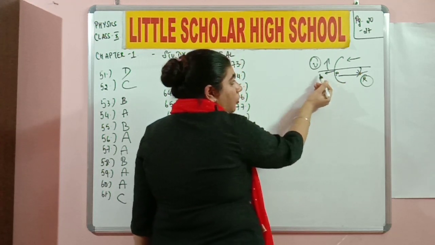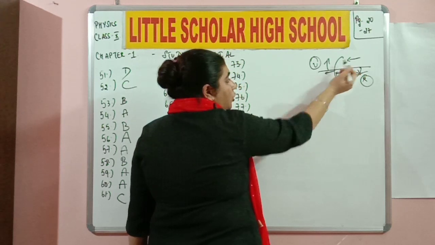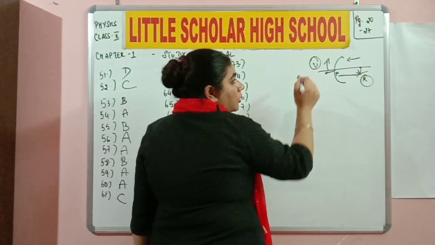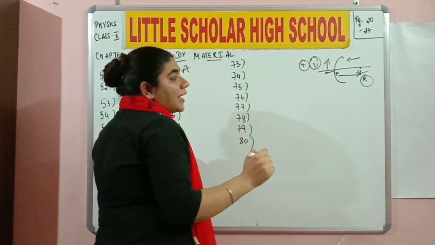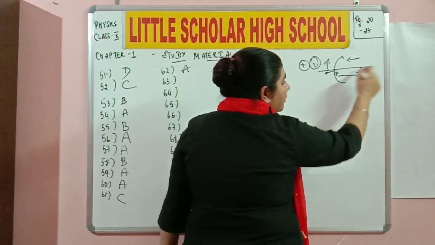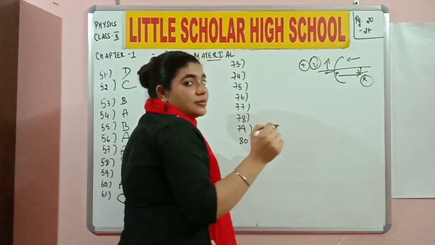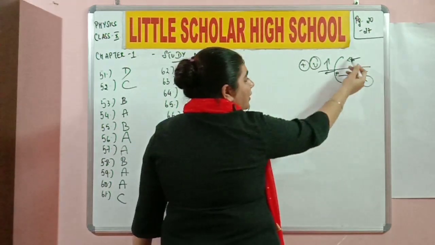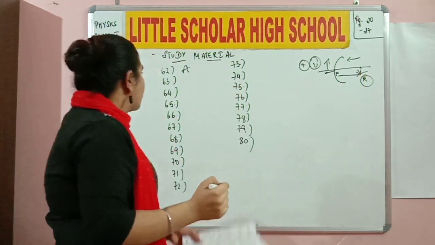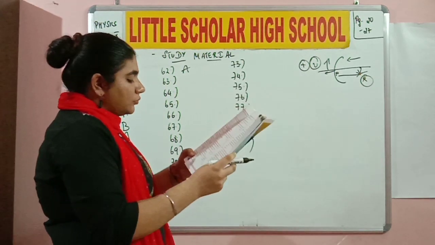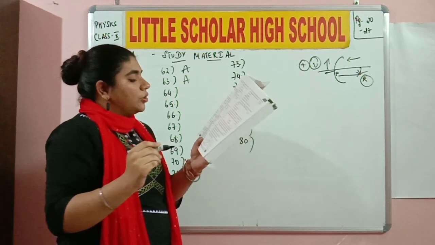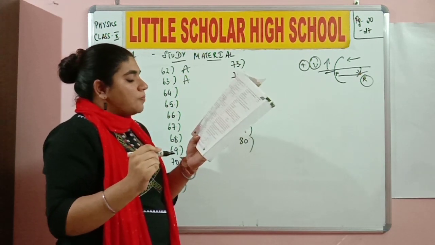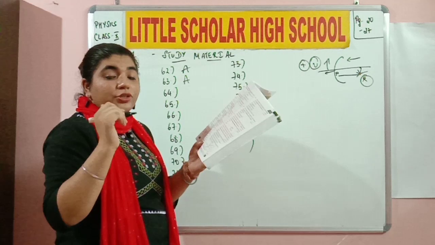Even though I am measuring it from the pole, I am going in the direction of the incident light. So the virtual image distance is going to be positive. Whereas when I'm measuring the real image distance, the distance is going to be negative because I'm going against the incident light. So what is the answer for 63rd one? 63rd one is A. 64. The height of the object and image are positive if they are measured above.